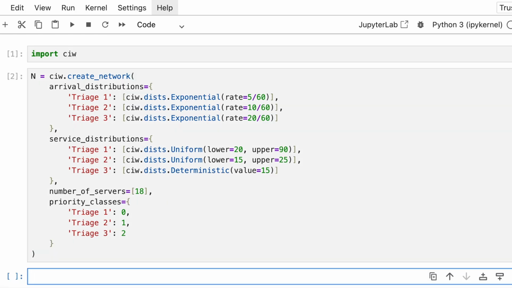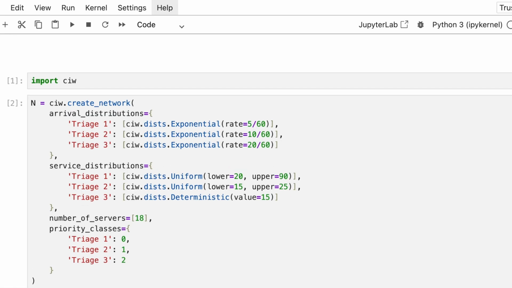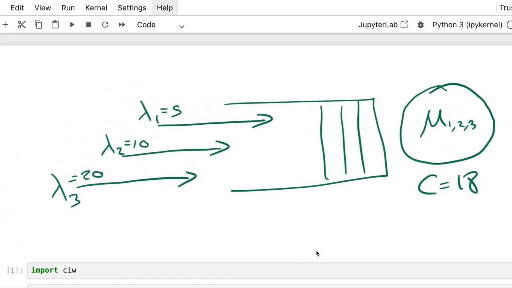So this network object completely defines our system and our conceptual model.